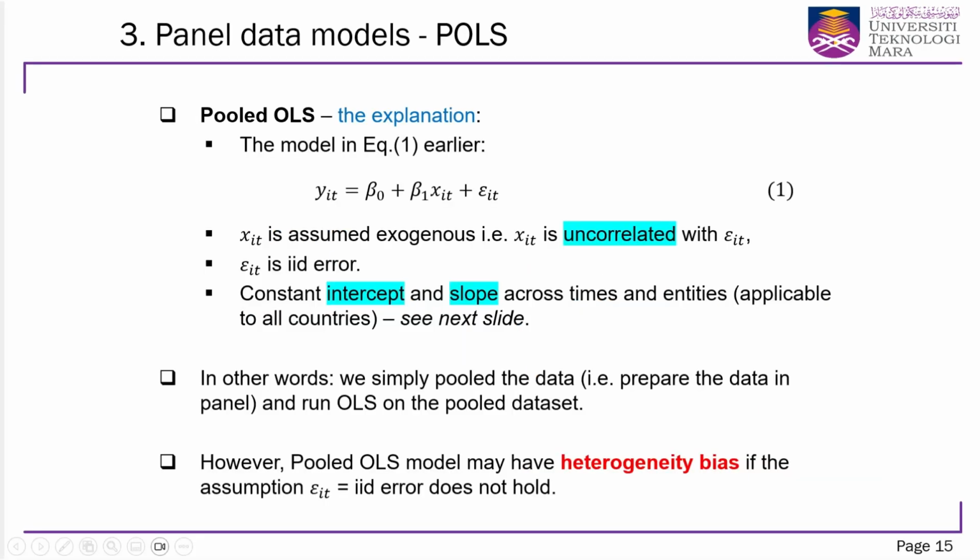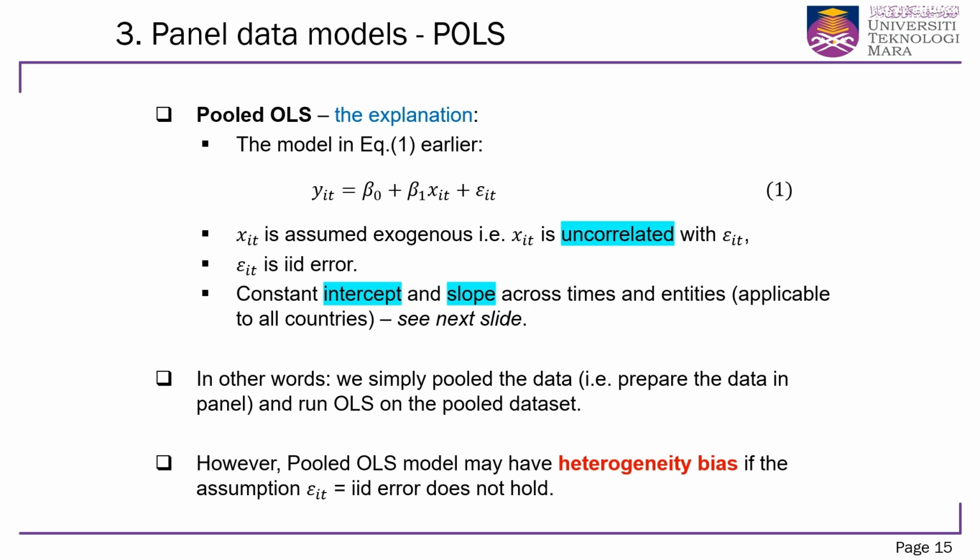It means we simply run an OLS estimation on the panel data and we assume that the unobserved heterogeneity factor does not exist. Therefore, we can conclude that pooled OLS always assumes all countries in the sample data to behave identically. For example, in the context of a trade and growth model, the impact of trade on growth is therefore identical for all countries as we assume there is no unique characteristic whatsoever in the data.